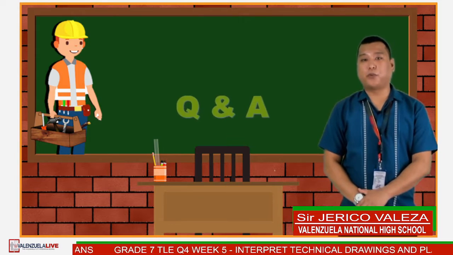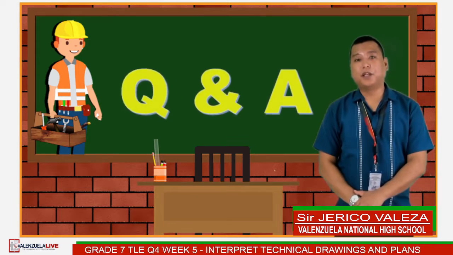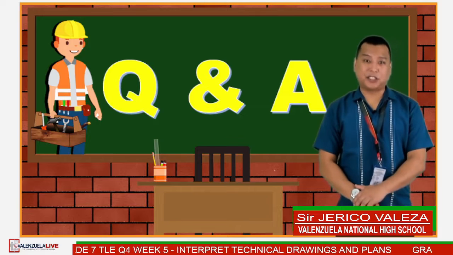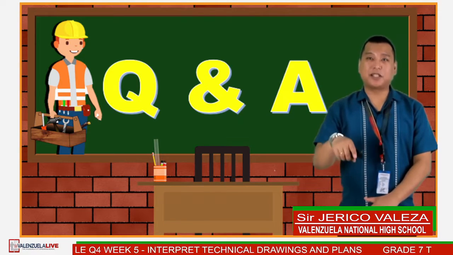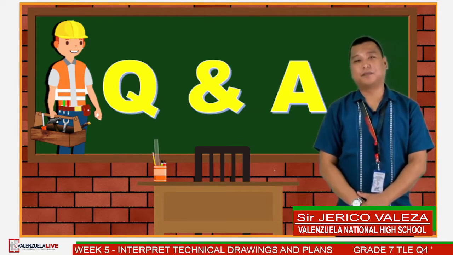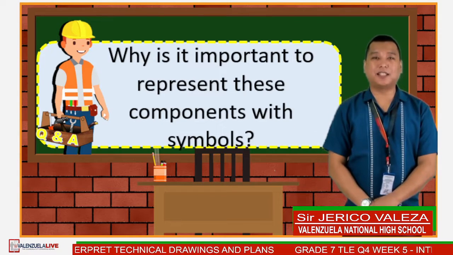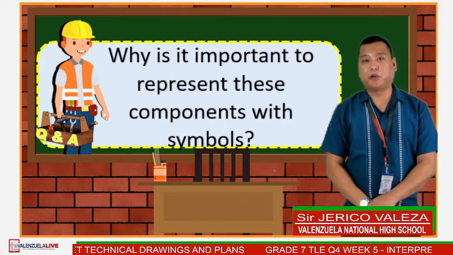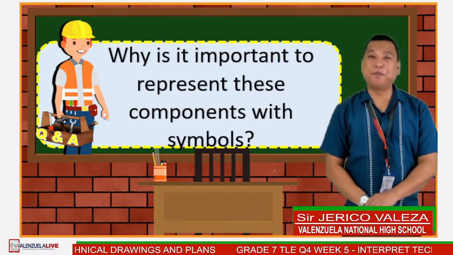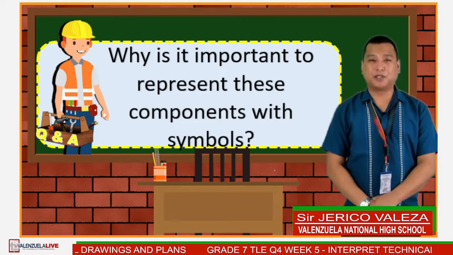To answer all your queries, let's have Q&A. Just type your queries in the comment section. Here's the first question from Bignay National High School. Why is it important to represent components with symbols?